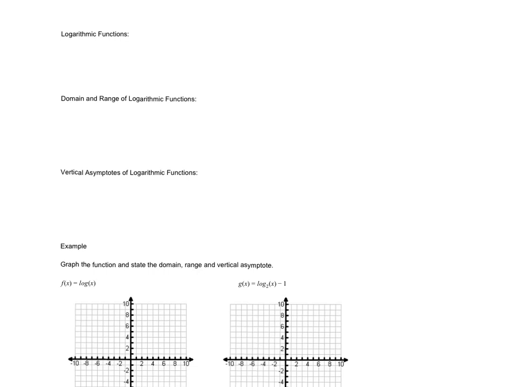So when we're defining logarithmic functions, the logarithmic function is generally going to be any function in the form, and I'm going to write it this way: y equals log base b of x, where b is greater than 0 and not equal to 1.